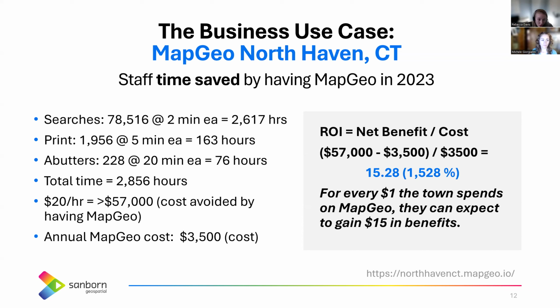That is an ROI of 1,528 as a percent. So what does that mean? For every dollar that the town spent on having MapGeo, they can expect a gain benefit of $15.